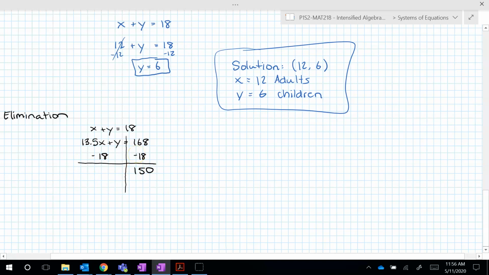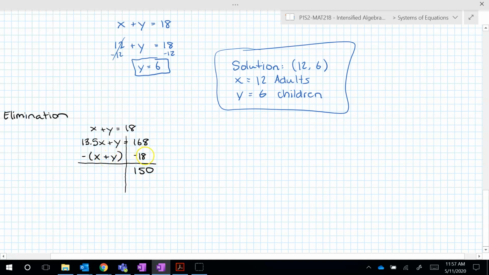But let's think about it. I'm basically using another version of substitution here. I know that 18 is equal to x plus y. So I could subtract 18 from the right side, but what would happen if I subtract x plus y from the left side of the equation? x plus y and 18 are the same thing. I'm just going to substitute in this expression, x plus y, for the 18 here.